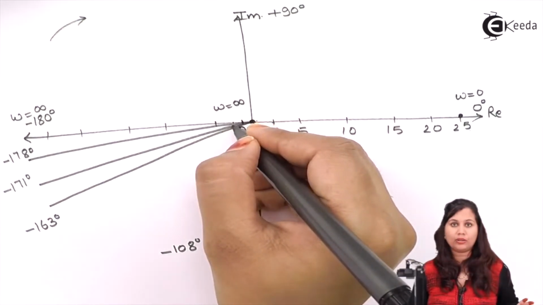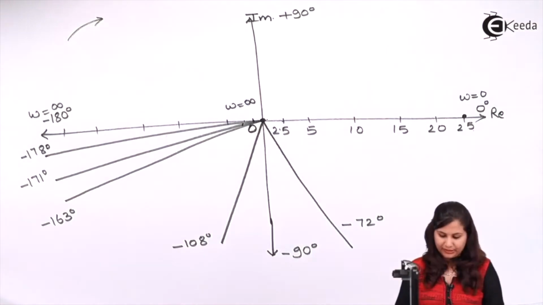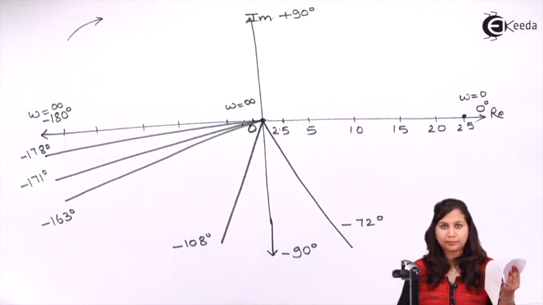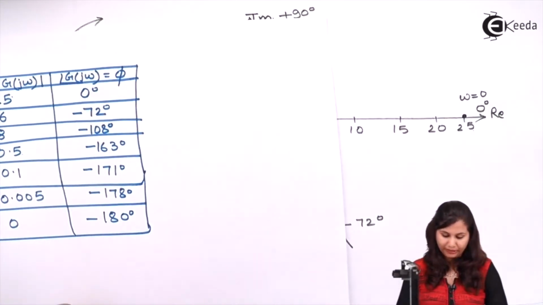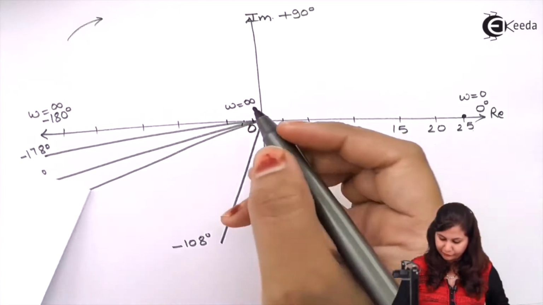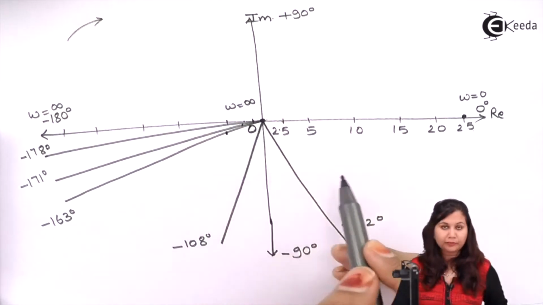Then for various values of omega, that is for omega equals 0, 1, 2, 10, we will mark the points. For omega equals 10, it is 0.5, so it is here. Now we have marked all the points.